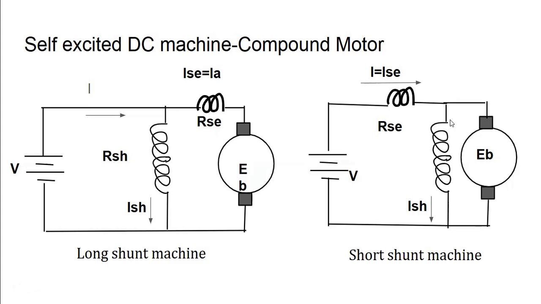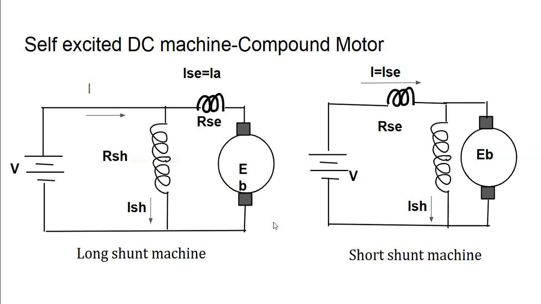And for the short shunt compound machine, the shunt field winding will be connected in parallel with the armature winding first. This parallel combination is connected in series with the series field winding, and this combination will be connected across the supply voltage. This is the short shunt compound machine. Now, these two machines can act either as a cumulative compound machine or a differential compound machine.